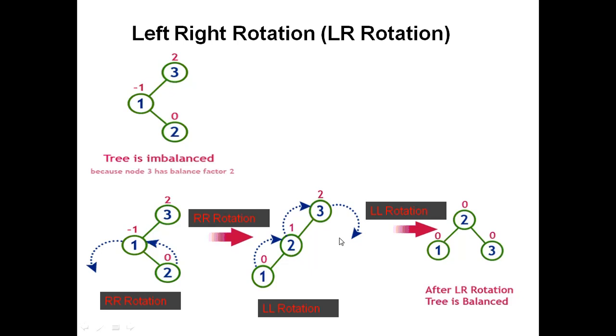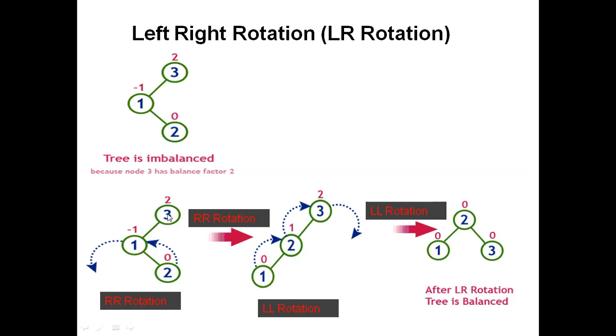And the shortcut one is what? When we have to do this LR rotation directly, we know this one. The right child of this, that is L of R. We'll have to directly replace this 3 with this C. So we have A, B, C. Try to understand this.